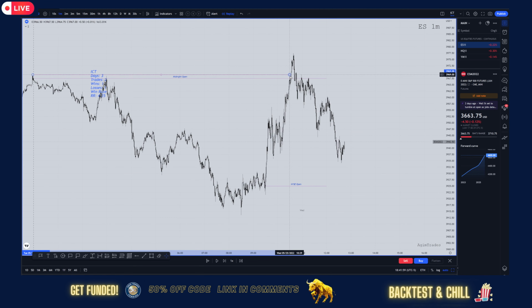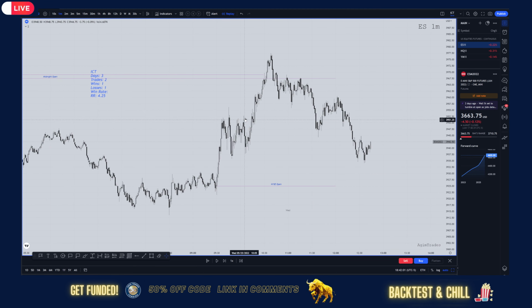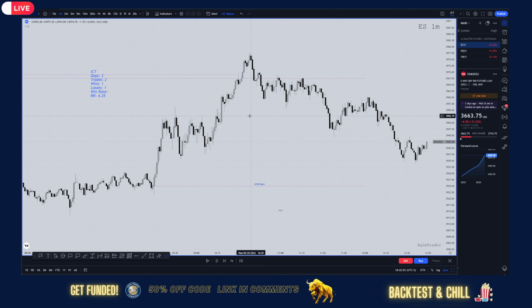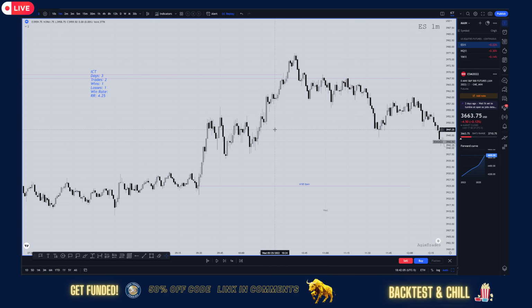What is the market structure shift that occurred to do that? So it originated from these two down candles, maybe these two down candles. We'll count all these 4 down candles as the range, as the order block.